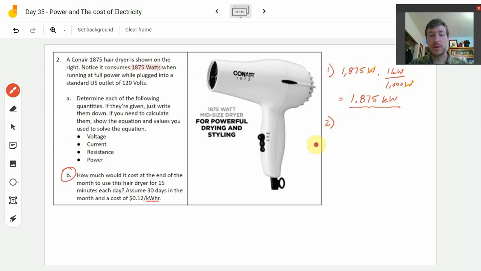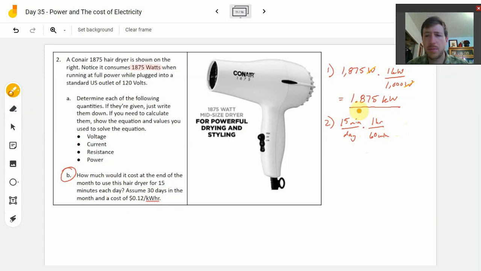Step number 2, we want to figure out the time that we actually use it in total. So how much time do we actually use it in hours? So if we use it 15 minutes per day, let's say how many hours is that per day? So that's times 1 hour is 60 minutes.